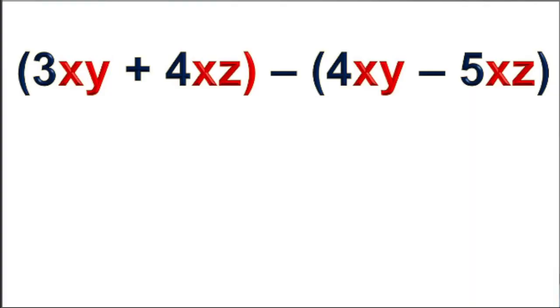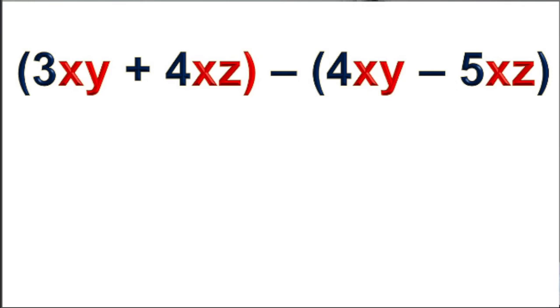Last example, subtracting 4xy minus 5xa from 3xy plus 4xa. So let's take the terms out of the parentheses. And take note, this is subtraction. Therefore, we should change the sign of the subtrahend and proceed to addition.